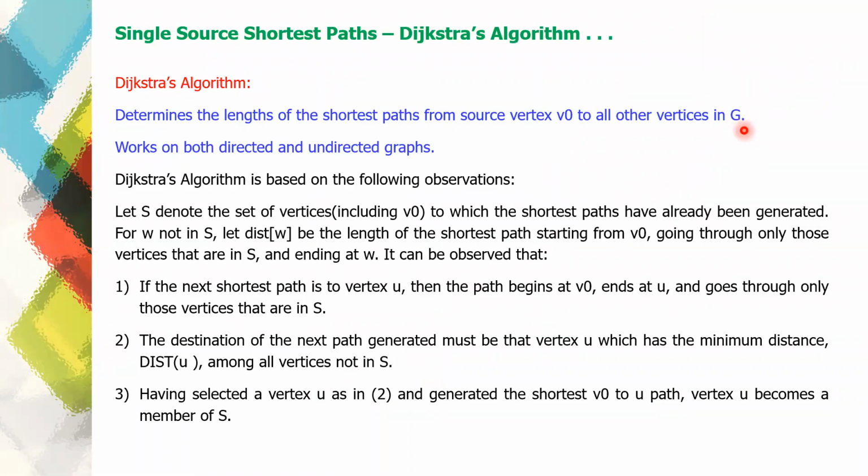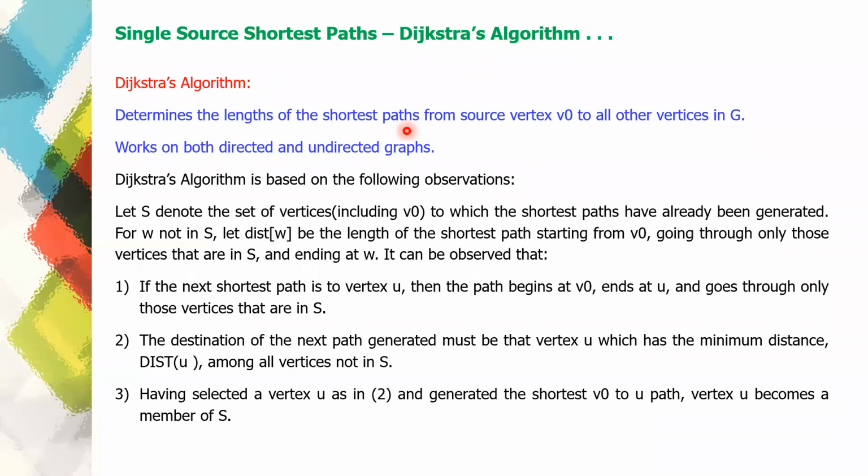Given a graph G which contains vertices and edges, considering the source vertex to be V0, Dijkstra's algorithm will determine the lengths of the shortest paths from the source vertex to all the remaining vertices in the graph.